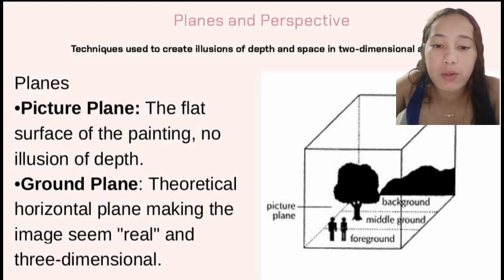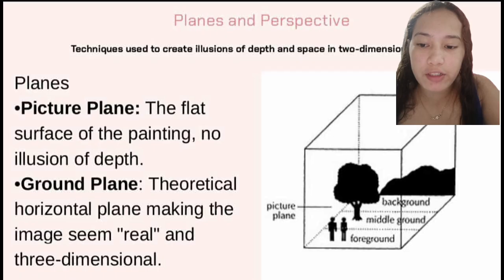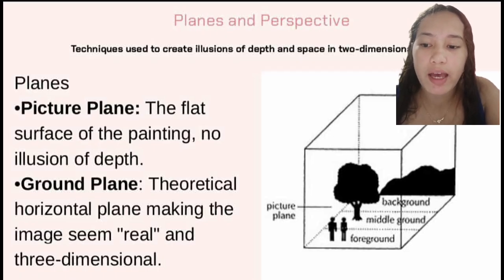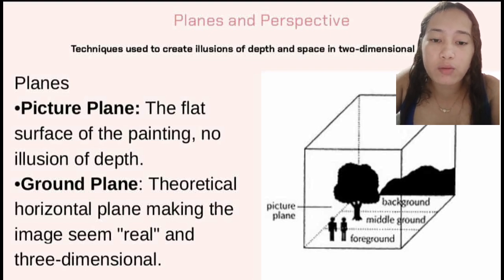It is the actual surface of the painting or drawing where no illusion of a third dimension exists. The ground plane is a theoretical horizontal plane making the image seem real and three-dimensional, or the imaginary horizontal surface on which objects in a scene appear to rest, extending from the viewer's eye level or the horizon back into the picture.